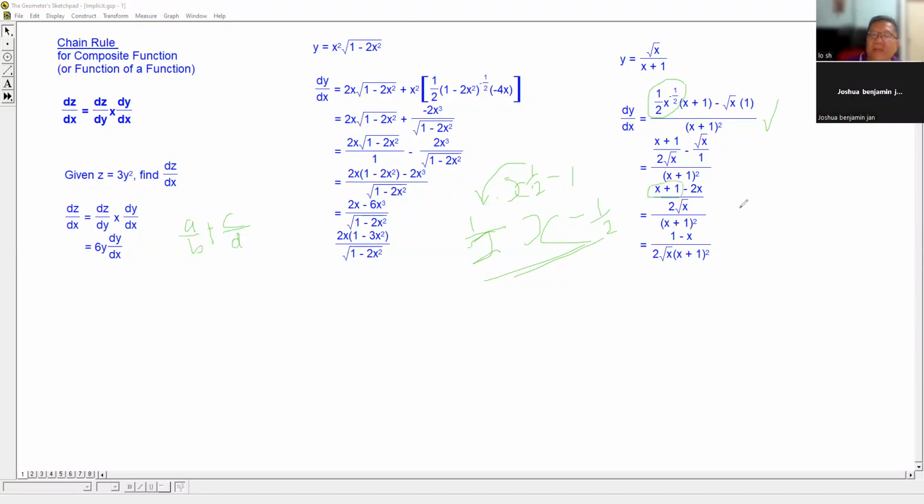Then this one, square root of x multiplied with square root of x is x. 2 is still there. So it becomes x plus 1 minus 2x. At the bottom there, 2 square root of x multiplied by 1 is 2 square root of x. Then the denominator is x plus 1 squared.